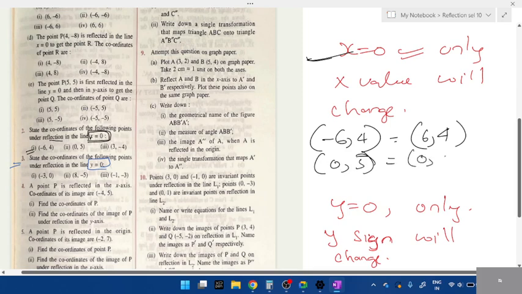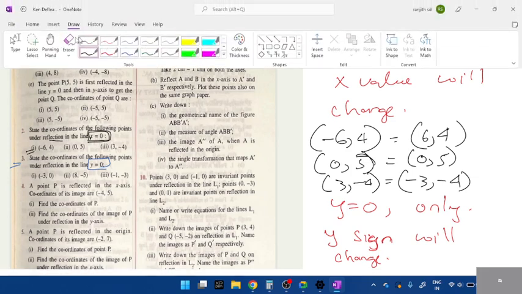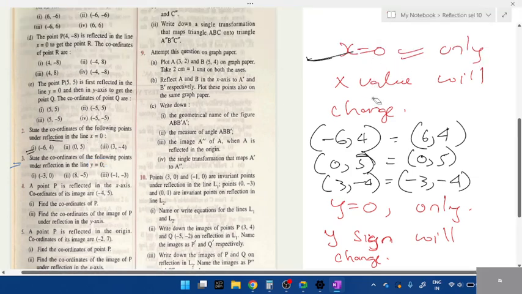If I write 3, comma 4, not 4. I told you only x will change. Is this clear? So even a diagram is not required. Just make a note of this statement. Now complete the third one.